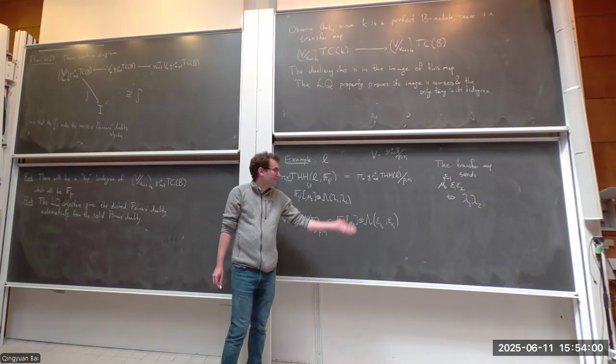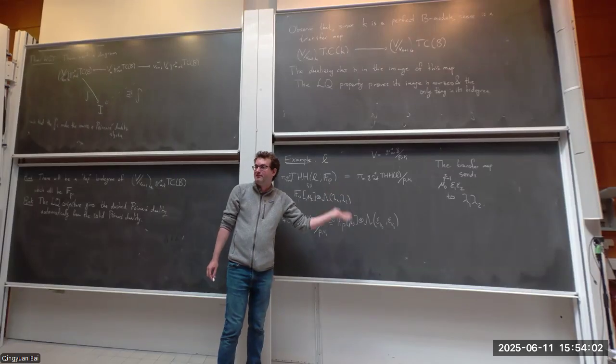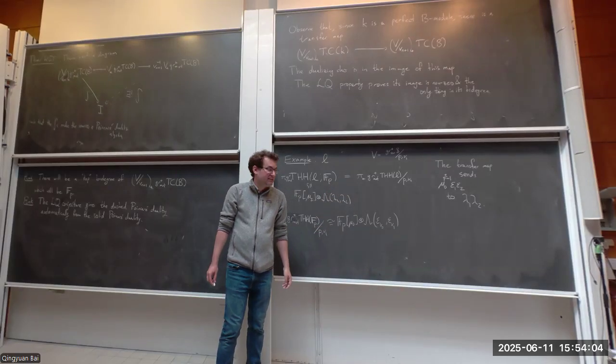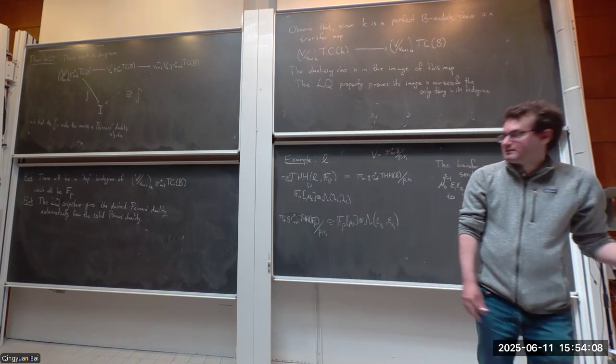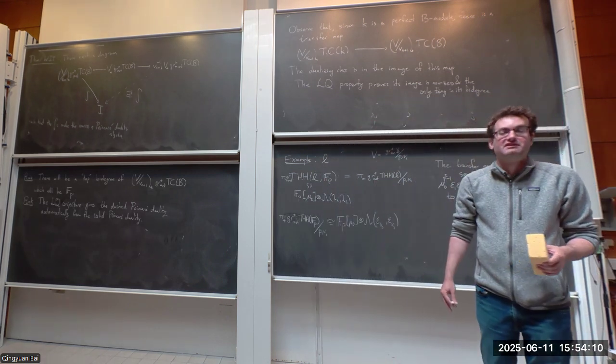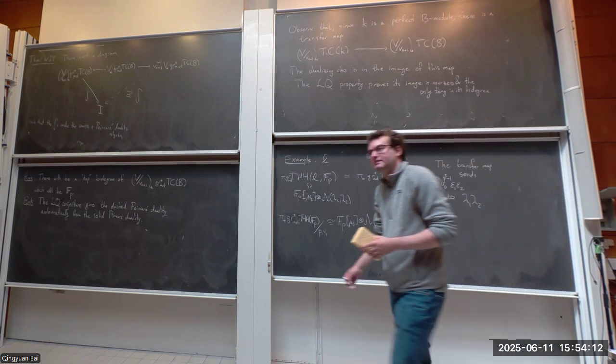So you have to make some calculation of this transfer map at the level of THH. But then let me explain how just knowing this transfer map at the level of THH can tell you something about TC.